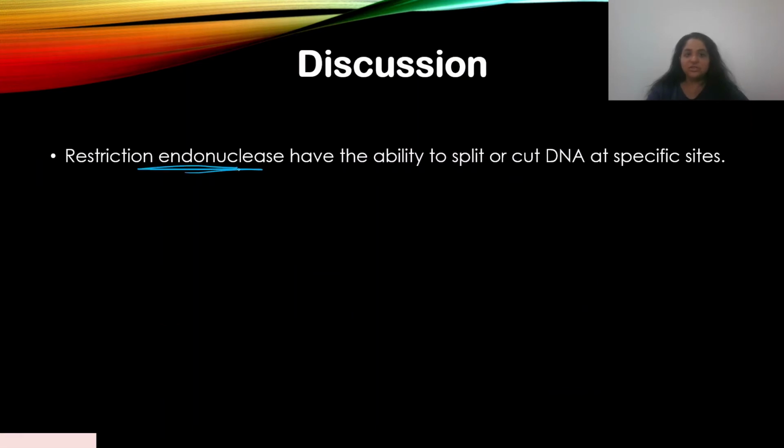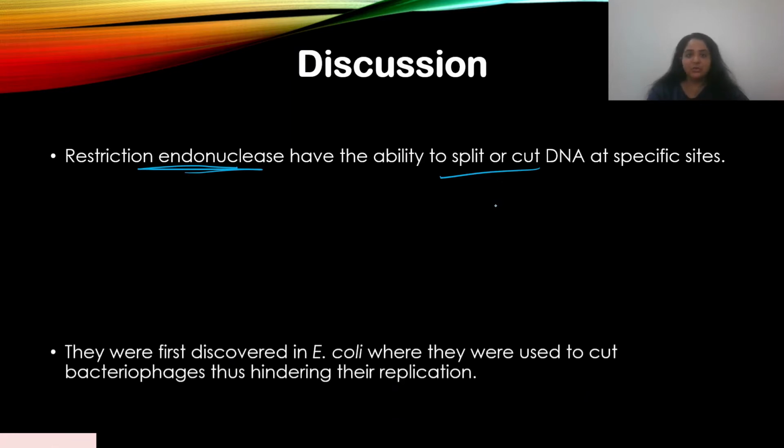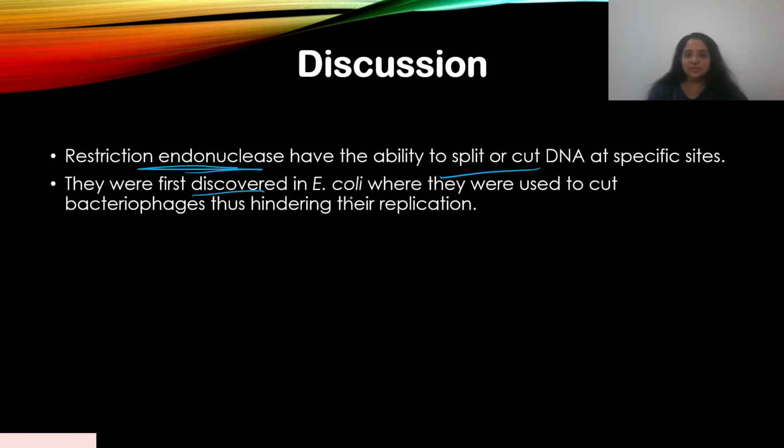Restriction endonucleases or restriction enzymes have the ability to cut or split the DNA into different segments, and they do it at specific sites. They were first discovered in E. coli, where they were used to cut bacteriophages, thus hindering their replication. So restriction enzymes in E. coli were used as a defense mechanism for cutting the bacteriophage that attacks them.